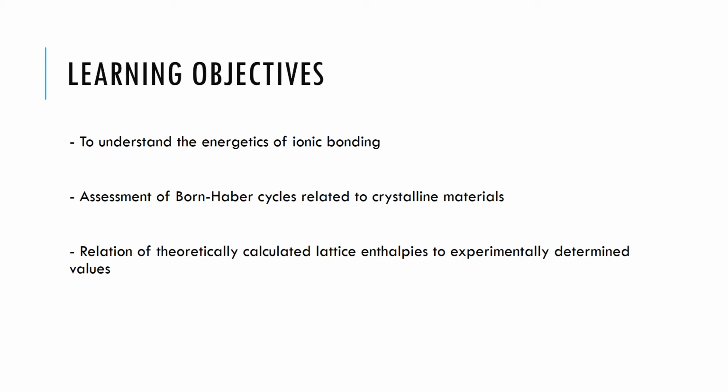And I'd like to have towards the end a very brief discussion on the relation of these theoretically calculated lattice enthalpies to experimentally determined values, and understand some of the implications if these two values are consistent or if they differ.